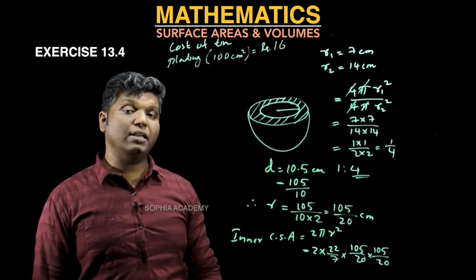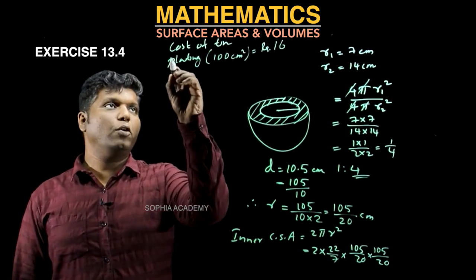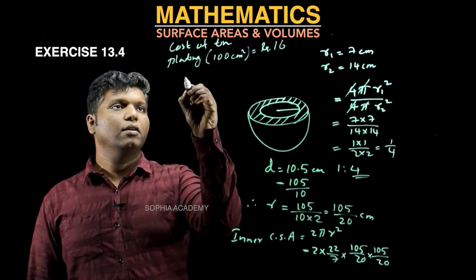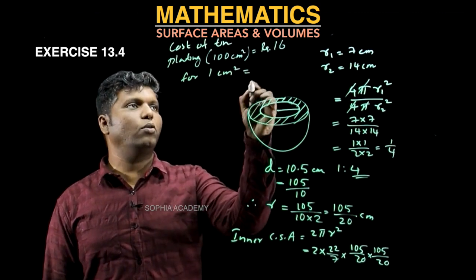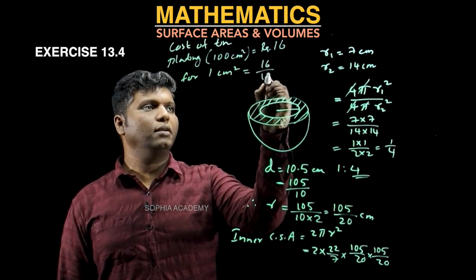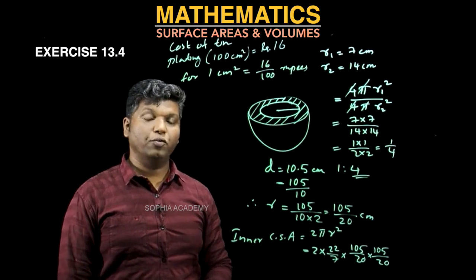So what about 1 centimeter square? Therefore, cost of tin plating for 1 centimeter square will be 16 by 100 rupees. Okay, that's the cost for 1 centimeter square.